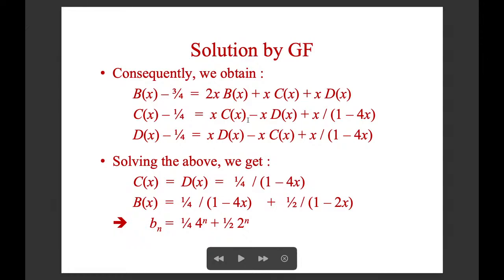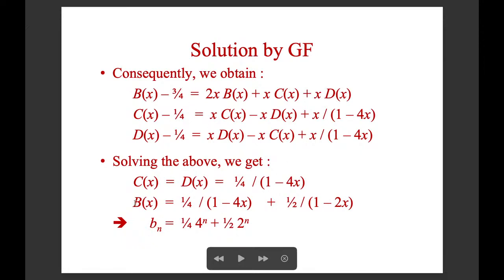And actually, if you watch this closely, C and D are symmetric. So we can find that C and D should be the same. After solving all this together, you add these two, and somehow you can solve for the value of C(x). C(x) will be equal to something like this. And once C(x) and D(x) are known, then we can solve for B(x).